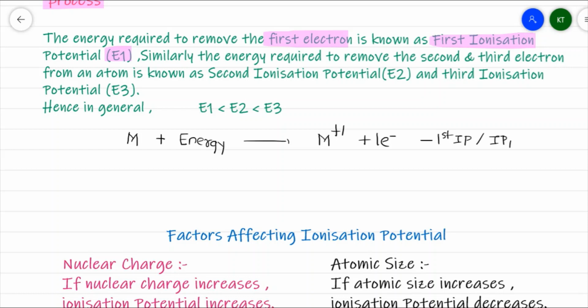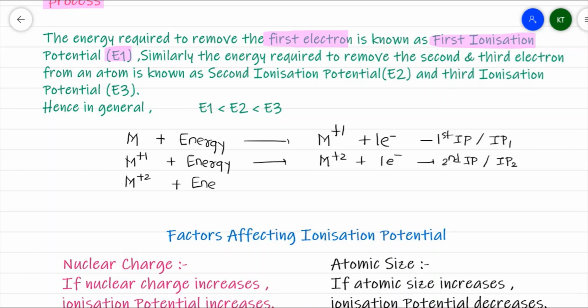Now similarly, the energy required to remove the second electron: let me have M plus.